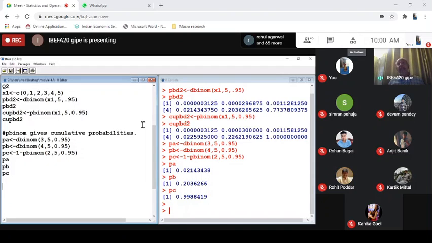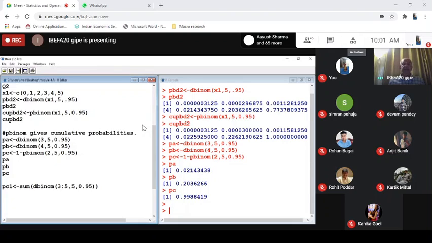The alternative way to find PC is a different way. From P binom, 2 to 4, 3 to 5, 0.95.